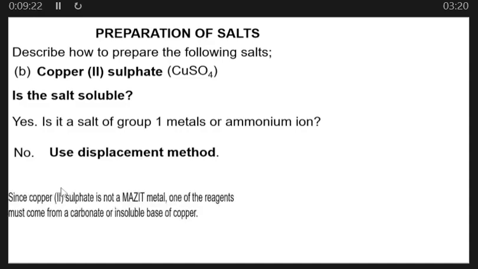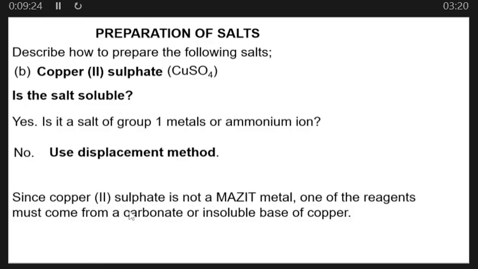Now, since copper 2 sulfate contains copper, which is not a MAZIT metal, then one of the reagents must come from a carbonate or insoluble base of copper. So since this copper does not reside among the MAZIT metals, what are they?